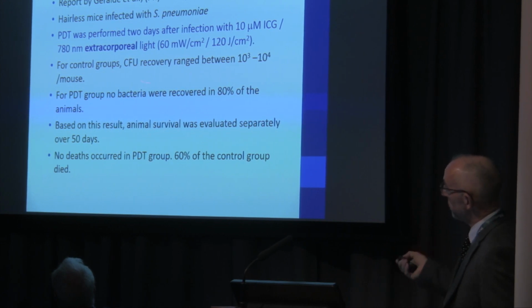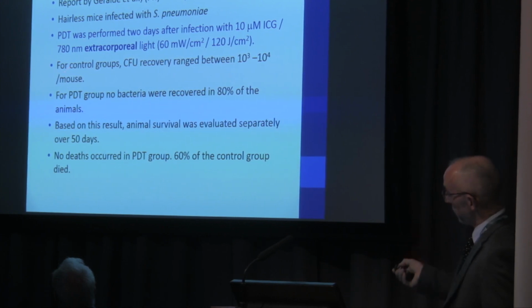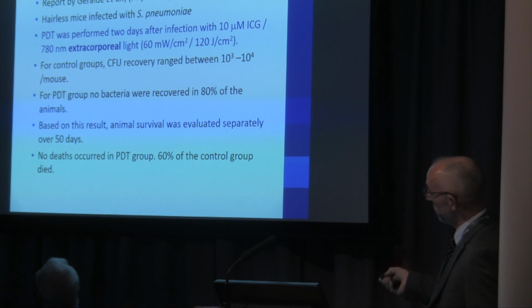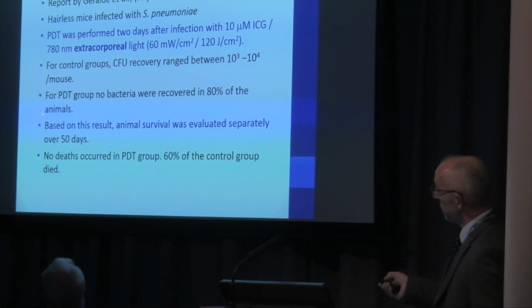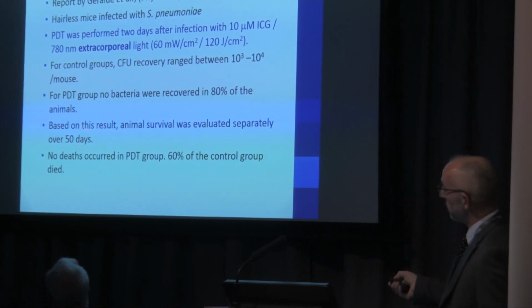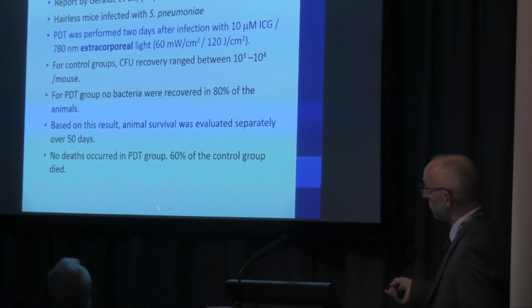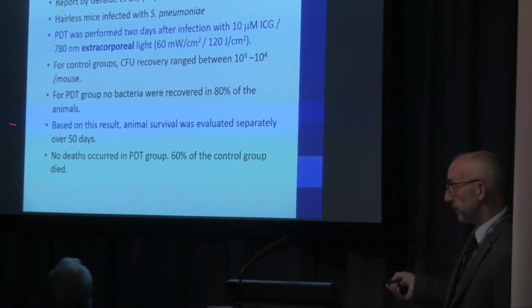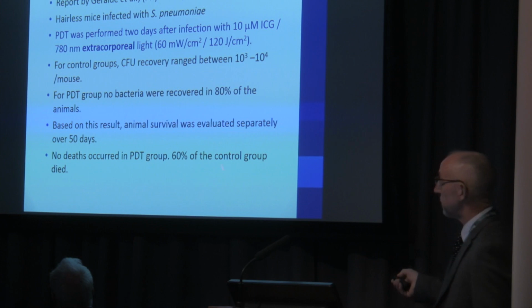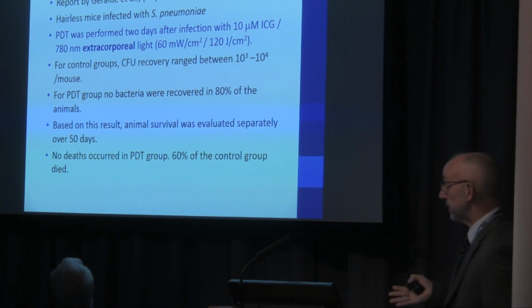With the control group, they picked up a Staphylococcus. In the PDT group, most of them had no bacteria at all. Because of that, they went out to 50 days to see what the end result was. They had no deaths in the PDT group, but 60% of the control group died.